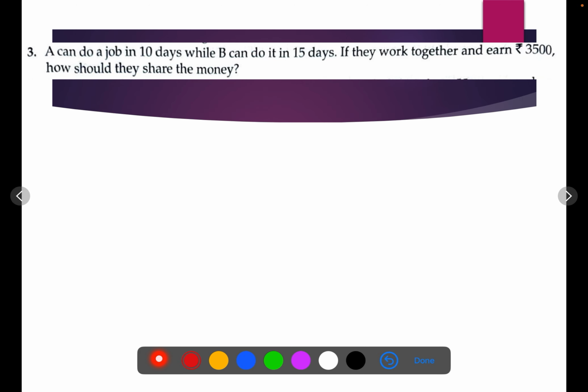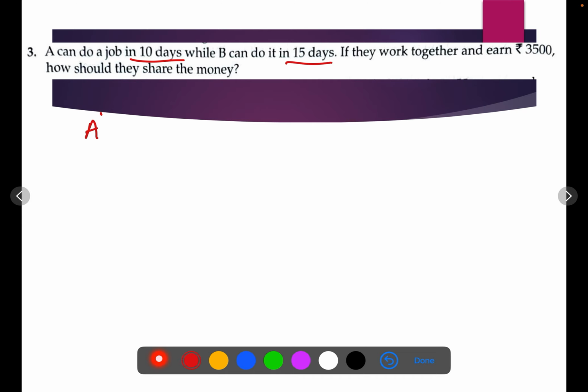The next question. It says A can do a job in 10 days, B can do in 15 days. They are working together and earn 3500. How should they share the money? So obviously the money has to be shared in the ratio of the work only. So let's find out their 1 day's work.